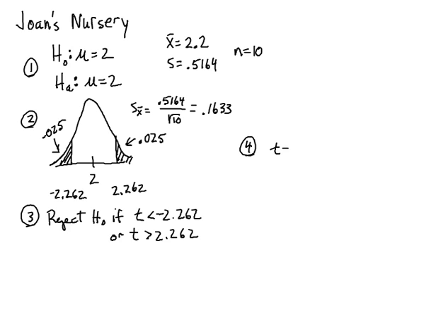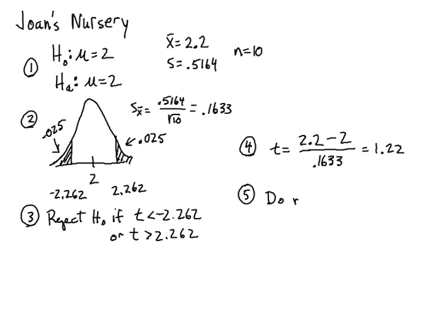To calculate that test statistic, I'm going to take my sample average, 2.2, subtract the average that's been claimed, and then divide by the standard deviation of the sampling distribution, or standard error, of 0.1633. When I do that, I get 1.22. So that is not strong enough evidence to show that the average planting time differs from 2 hours.